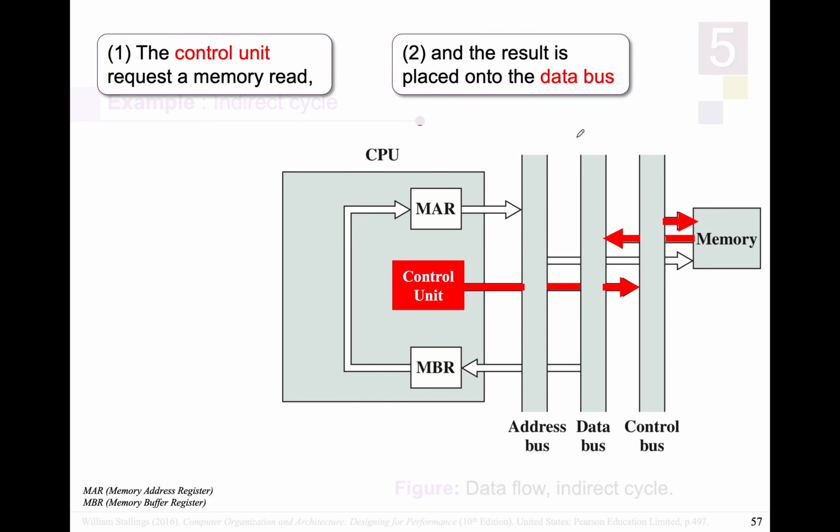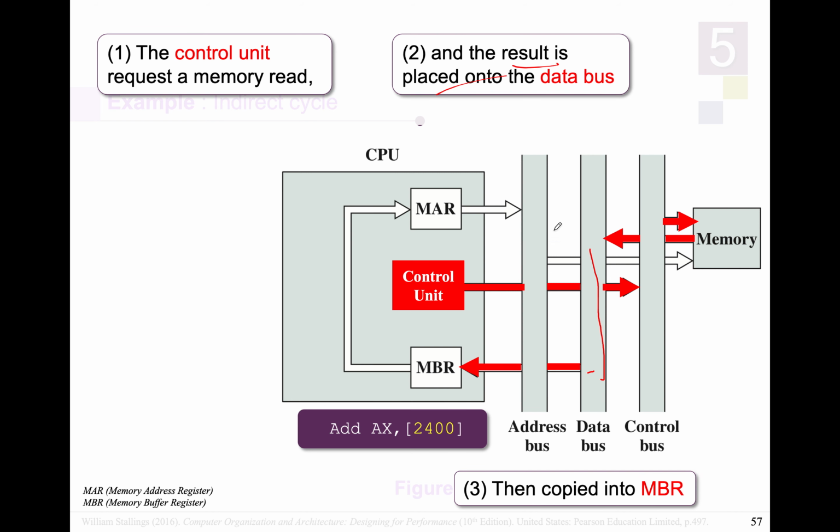Second, when the memory reverts back, the result is placed onto the data bus. So you can see it's going to be placed onto your data bus. And from your data bus, you can see the connections. It's going to be copied, stored and loaded into your MBR.